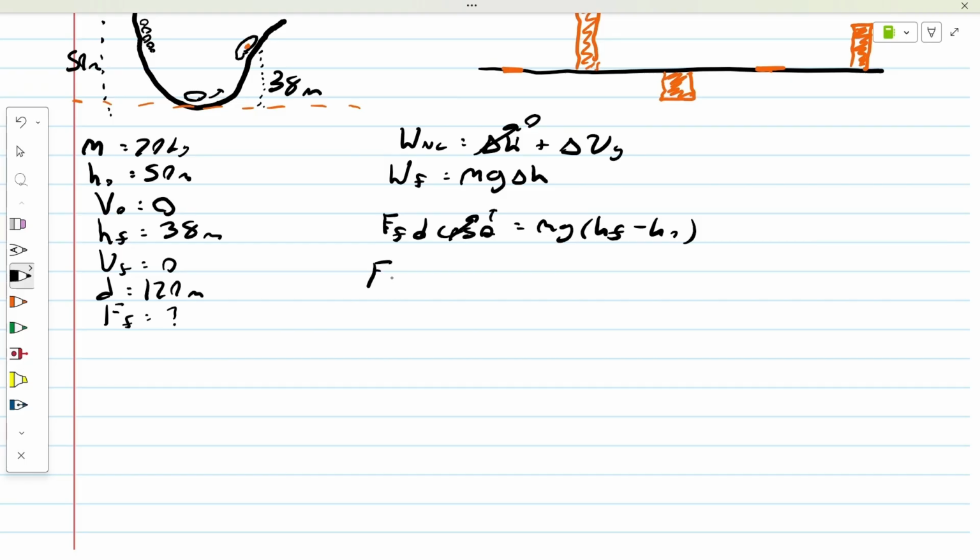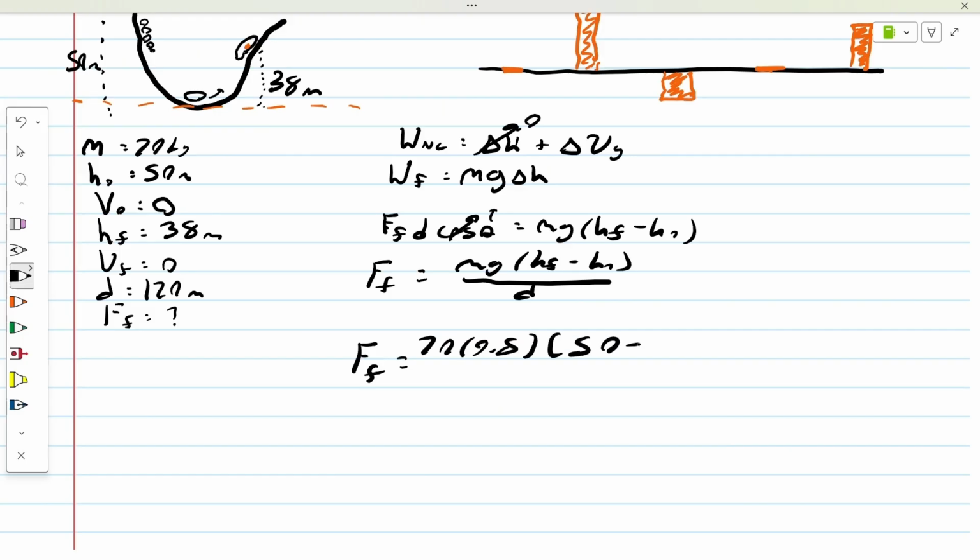If we divide by the distance, we can get the frictional force. Now we can just plug in the numbers that were given and solve for the frictional force. So these are the change in heights over the distance, which is 120. And so this frictional force that was applied on average is 68.6 newtons.